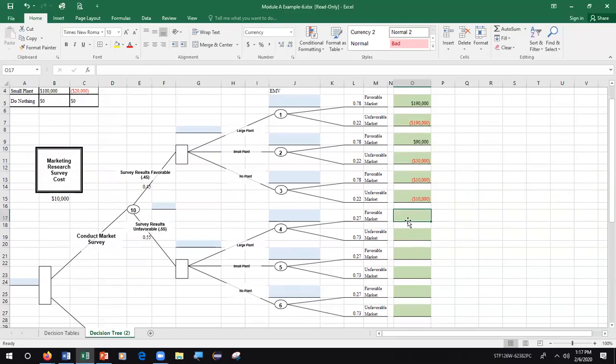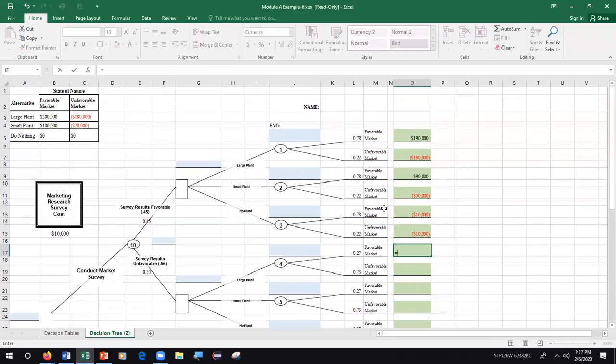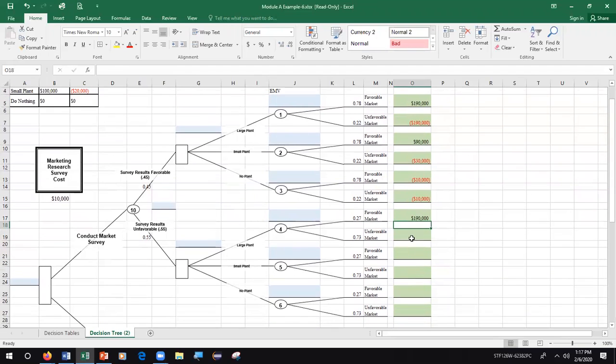Then we could go back to the other, but let's just do it. This is going to be equal to that favorable large plant minus 10,000. These numbers are going to be exactly the same, by the way.